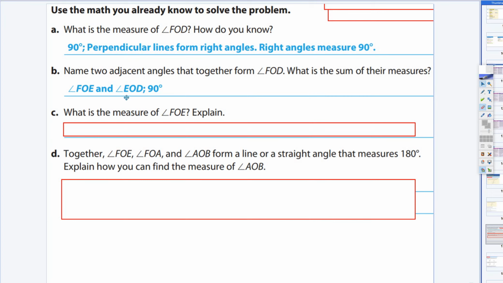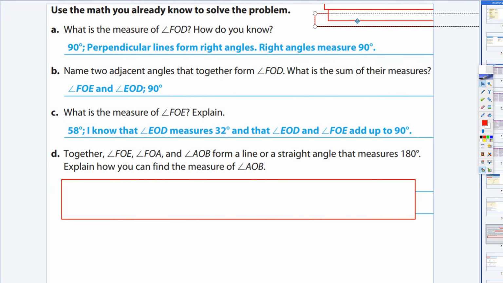Question C. What is the measure of angle FOE? And explain. Well, since we know that EOD measures 32 degrees, and angle EOD and angle FOE add up to 90 degrees, therefore angle FOE measures 58 degrees.